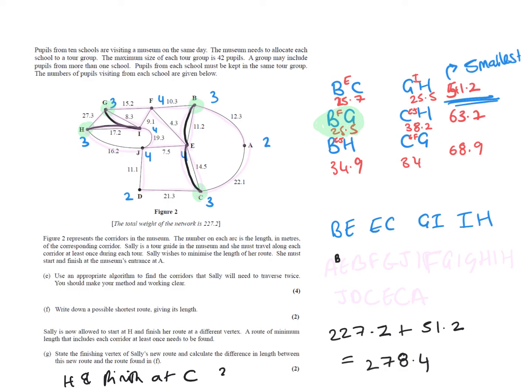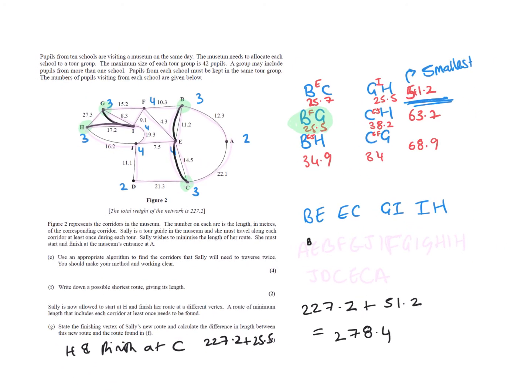So that's 227.2 plus 25.5, which is 252.7. It then says to state the difference.